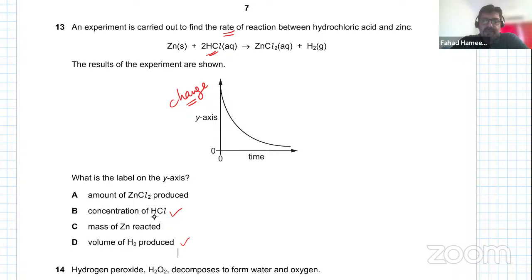Concentration of HCl makes sense. The volume of H2 obviously isn't it. The amount of zinc chloride will also increase, so that can't be it either. So you're left with concentration of HCl and the mass of zinc.